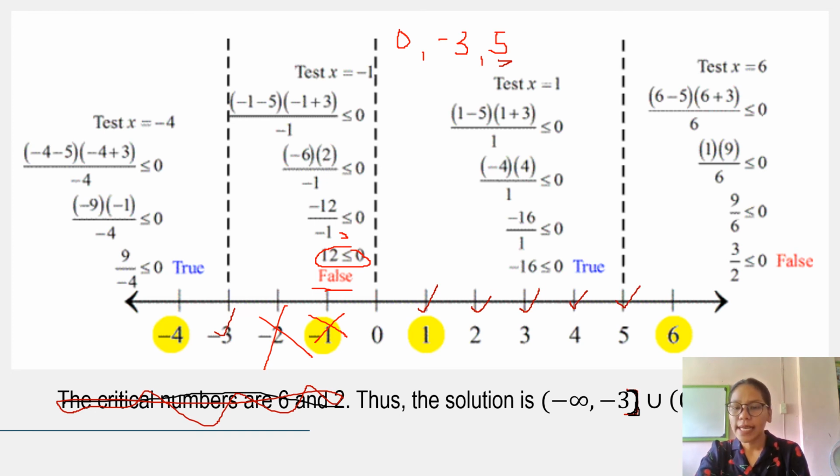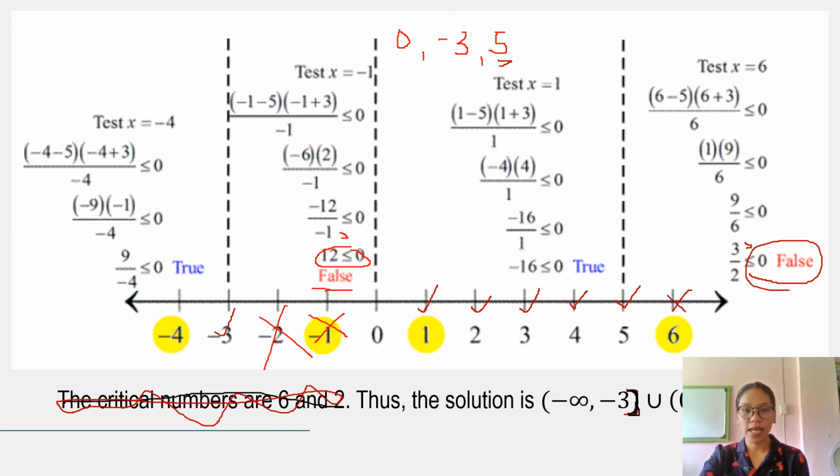Try natin i-check kung itong sa 6. So tingnan natin. 6 minus 5 times 6 plus 3 over 6. That is 1 times 9 over 6, so 3 halves is greater than 0. That does not satisfy the whole inequality. That means that is false. So bawal yung 6 natin.